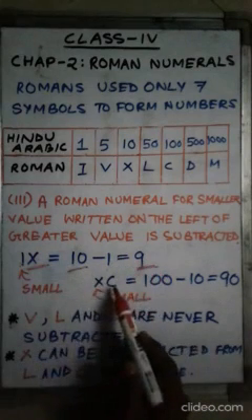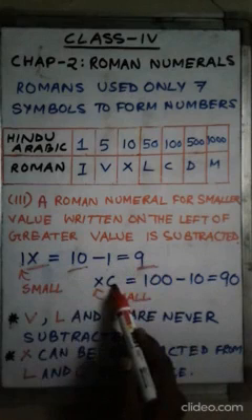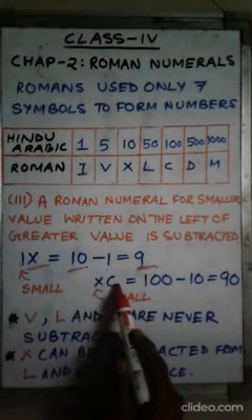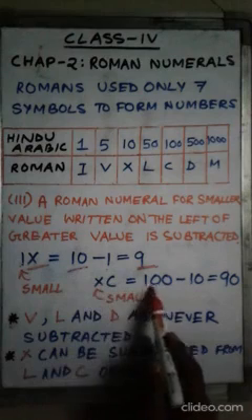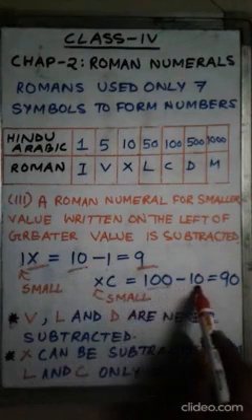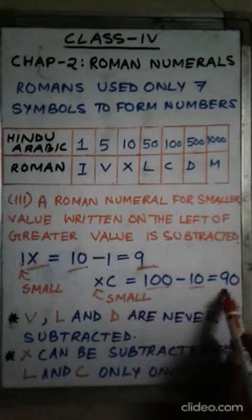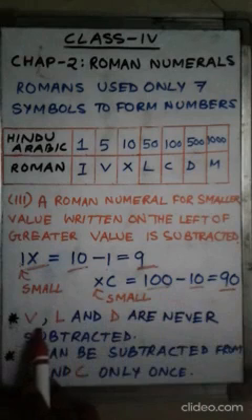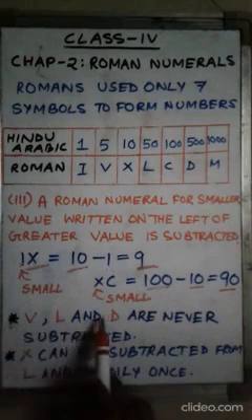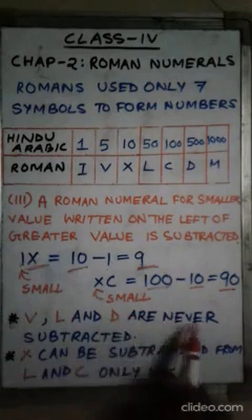The same way, this is century whose value is 100 and this is 10. 10 is less than century, so from 100 you have to subtract 10 and you get 90. Some important points: 5, 50 and 500 are never subtracted.